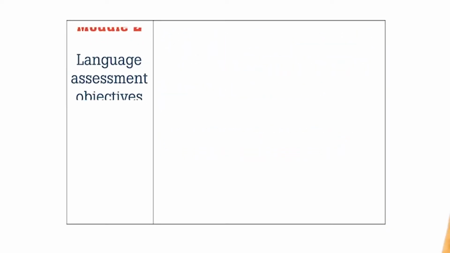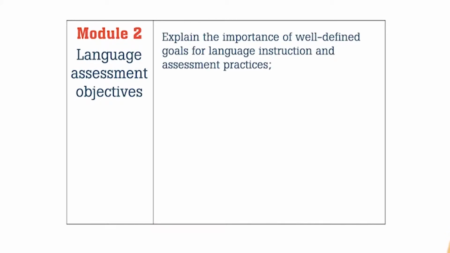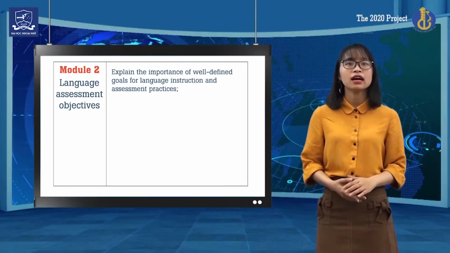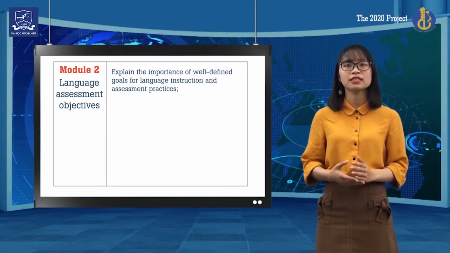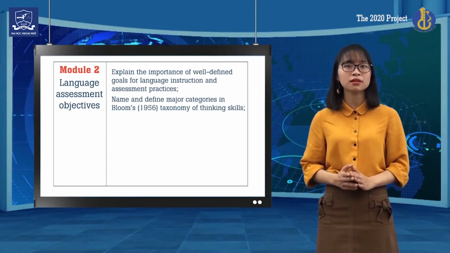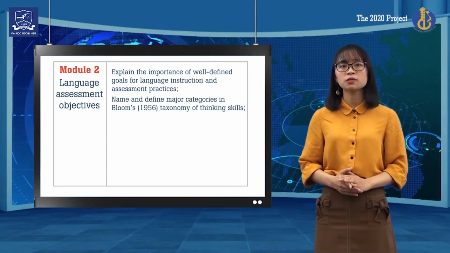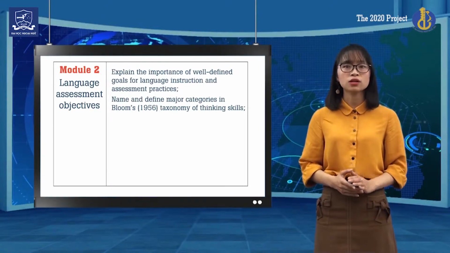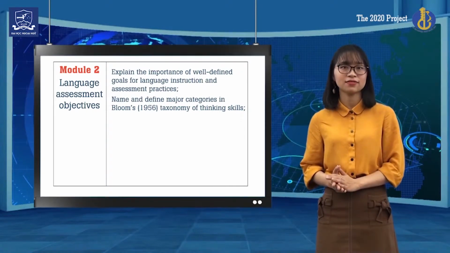Module 2 explains the importance of well-defined goals for language instruction and assessment practices. After this module, you're also expected to be able to name and define major categories in Bloom's taxonomy of thinking skills. You may have learned Bloom's taxonomy before, and it's highly important not only for assessment, but also for teaching.